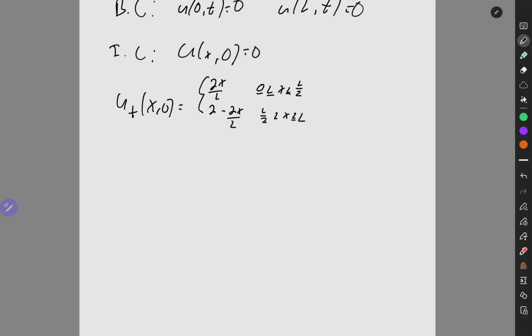Just like the last problem. So now, this is the same. This is going to lead to the exact same answer as last time.